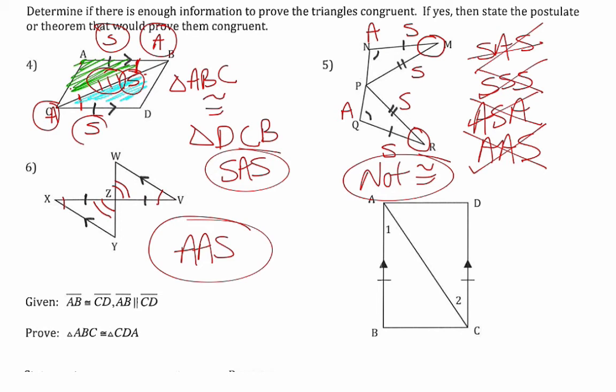But that would give me an angle followed by a side followed by an angle that matches an angle followed by a side followed by an angle. So I'm saying that this would be an angle side angle.